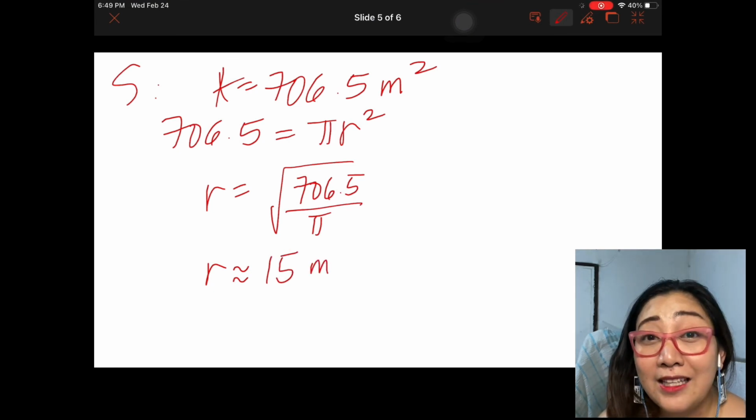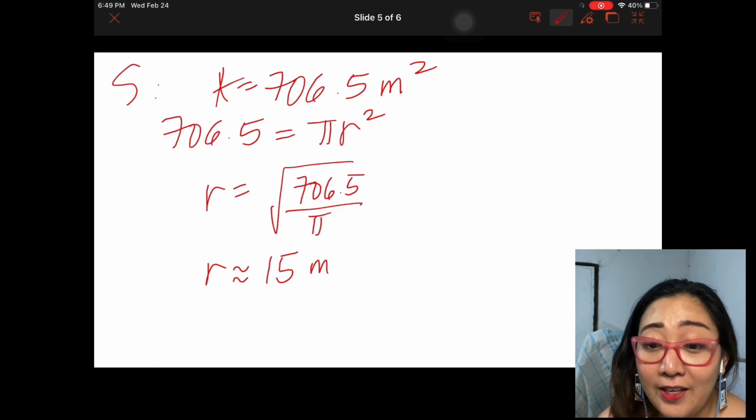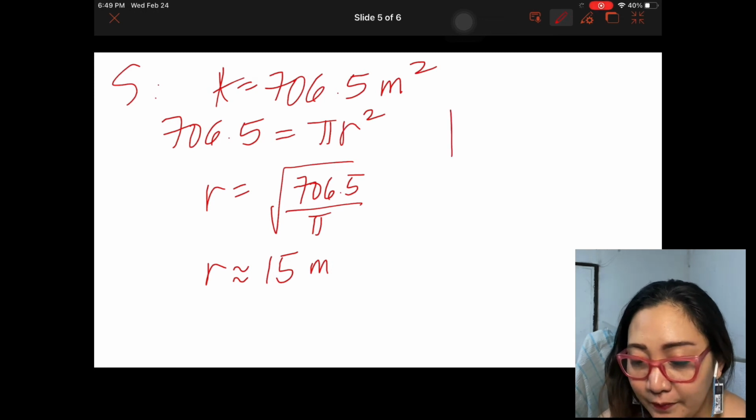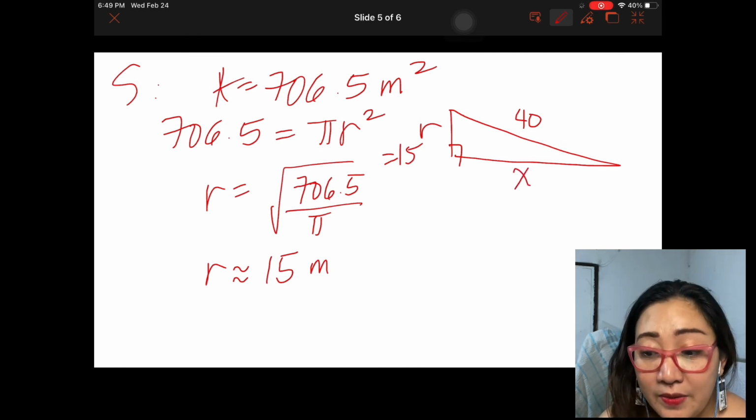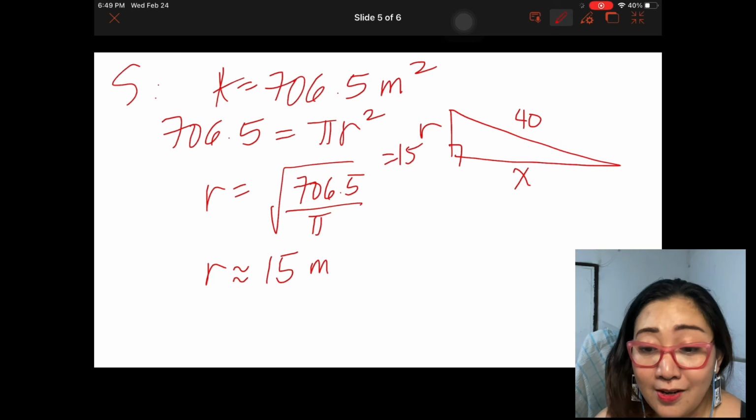So after that, pwede mo nang kuhanin ang iyong length of the pathway. Okay? So how do we do that? Yung R mo, papaalala ko lang sa inyo, ganito yung itsura niya ha. Ito yung R, ito yung 40, so ito yung 15 kasi na-solve na natin siya. So ito yung X. So ibig sabihin, yung given natin ay hypotenuse at saka isang leg.